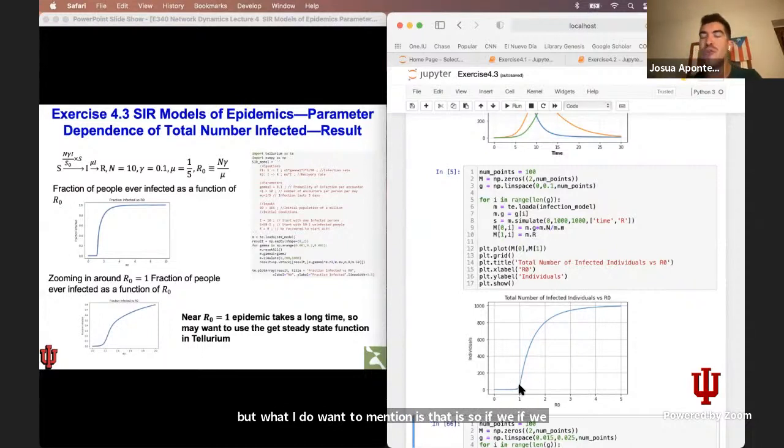But what I did want to mention is that, let's say we are in this region because we have somehow reduced the R naught by wearing masks, which is not the case with COVID, but it might be with influenza, actually.